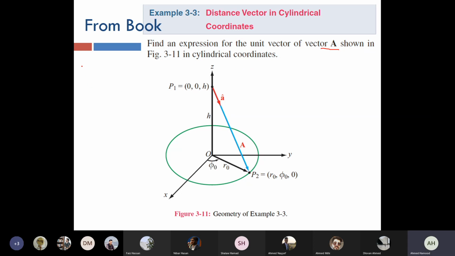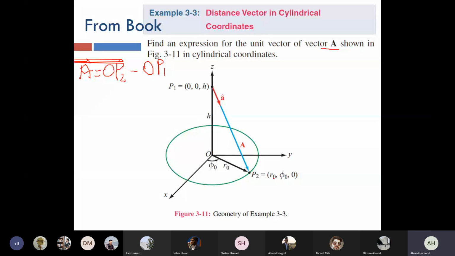So we have A vector, which equals OP2 negative OP1, so OP2 negative OP1.